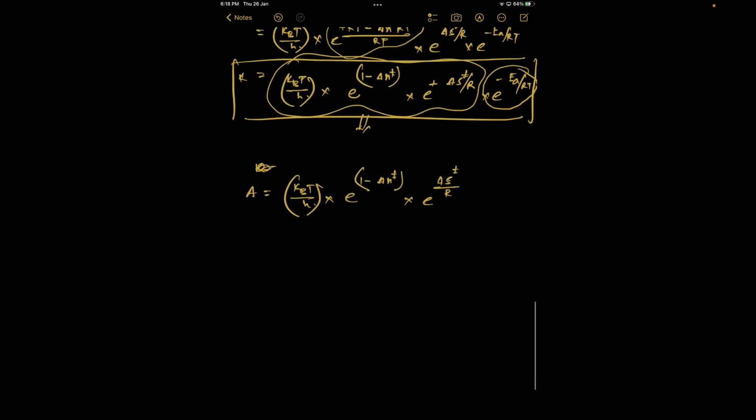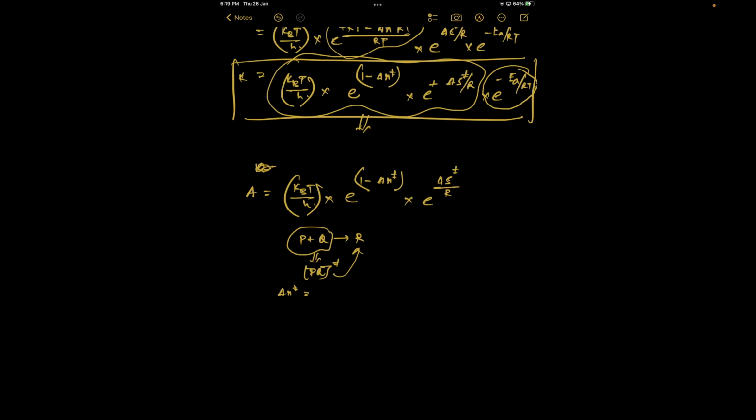Now look at this, this is a bimolecular reaction, right? That means P plus Q gives R. First these two reactant molecules will form an activated complex, let's say PQ double dagger. Then from this activated complex the product molecule will form. So delta n double dagger is the number of molecules in the activated complex minus the number of reactant molecules.